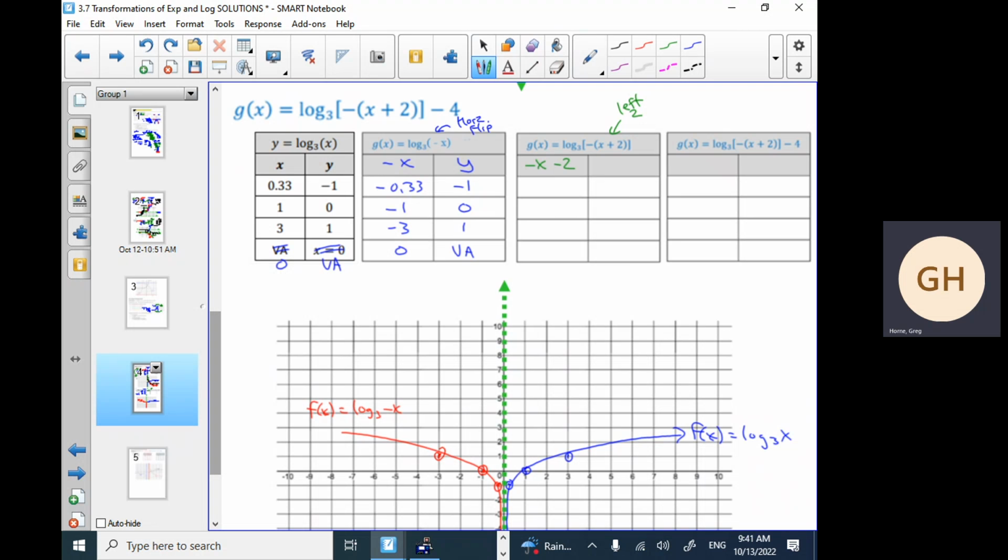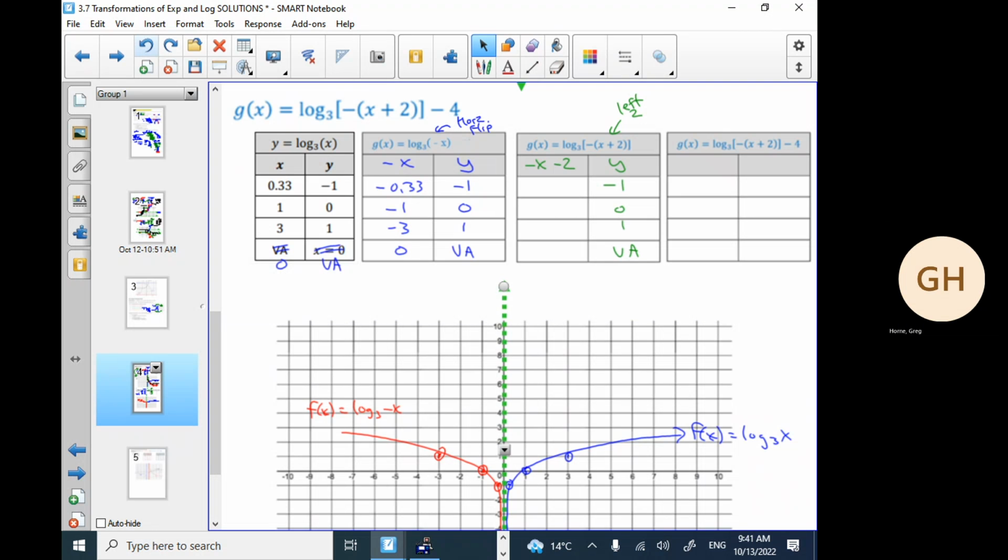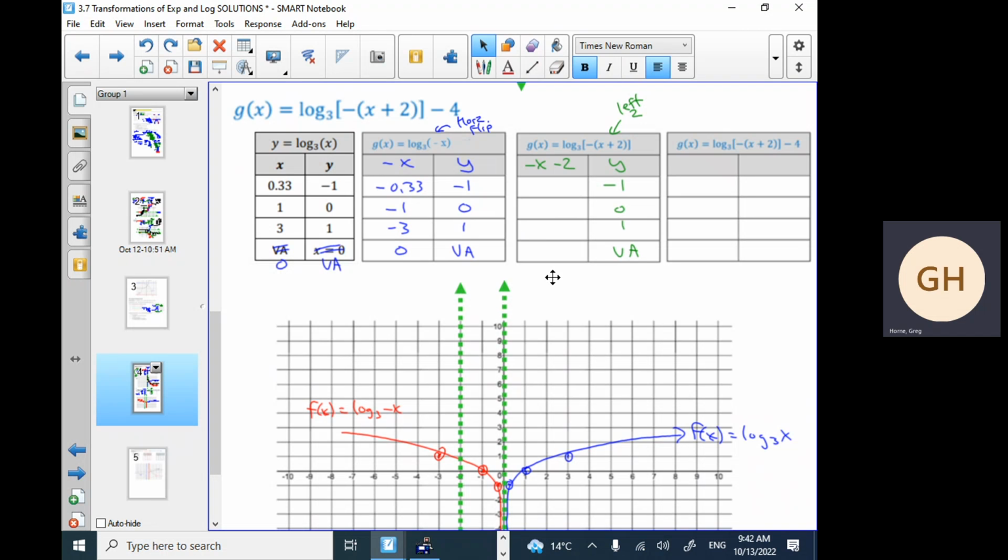Shift to the left, and the y values stay tagging along, the original values, the -1, 0, 1. And our vertical asymptote information is going to change this time. So moving that to the left, left 2 steps. That's where my new vertical asymptote is going to be.